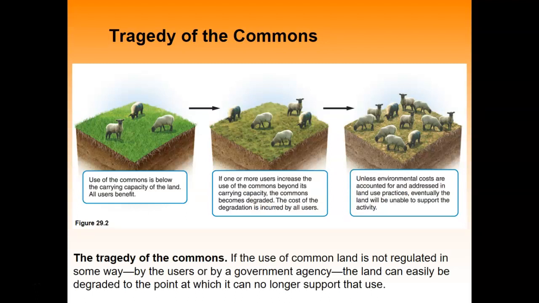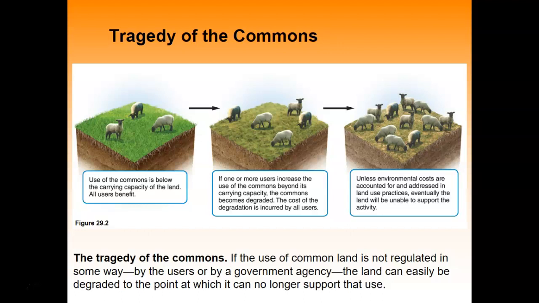So that's where your tragedy of the commons stems from. When you have a common pasture, for example, and you have the ability to put your grazing animals on that pasture, you know, if you are the one that has just 2 sheep on that field, but then the other farmer that has also access to that field puts 7 sheep in there because they think, well, there's enough grass and resources to support that population.